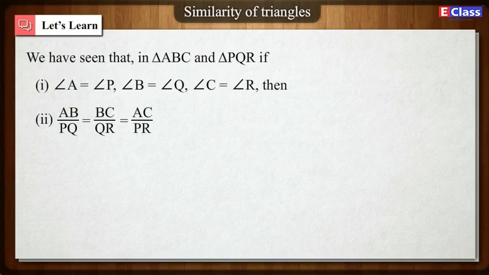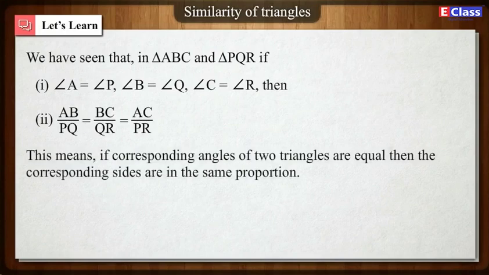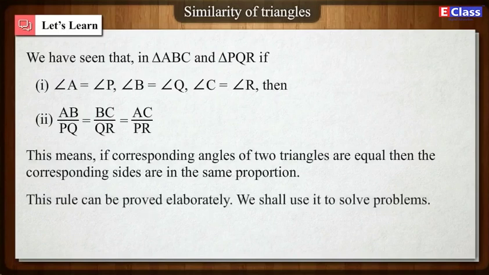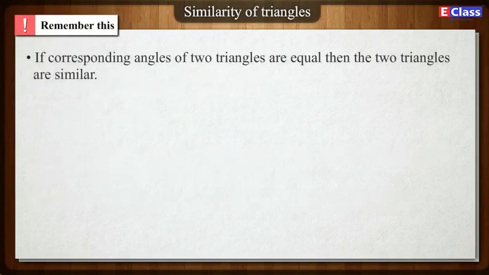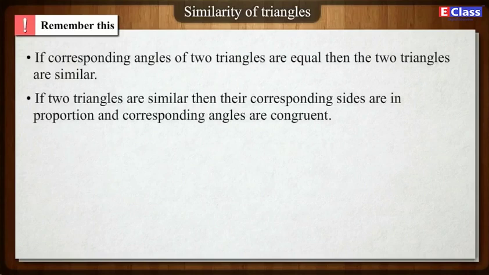This means if corresponding angles of two triangles are equal, then the corresponding sides are in the same proportion. This rule can be proved elaborately. We shall use it to solve problems. Remember this. If corresponding angles of two triangles are equal, then the two triangles are similar. If two triangles are similar, then their corresponding sides are in proportion and corresponding angles are congruent.